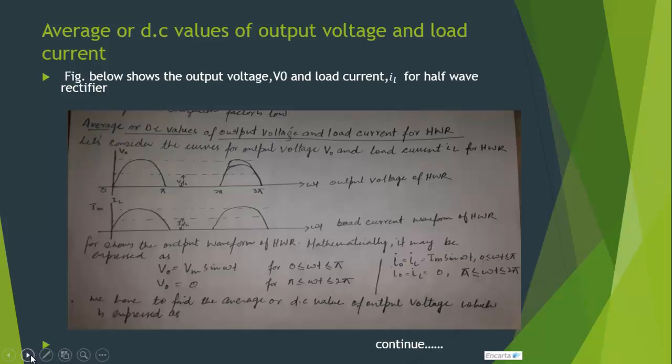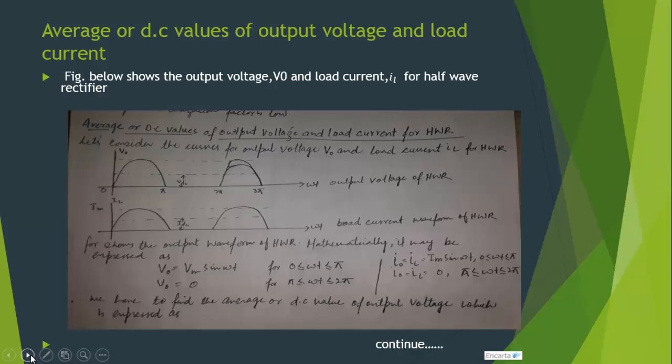So V naught is equal to Vm sin omega t for 0 less than or equal to omega t less than or equal to pi, and V naught is equal to 0 for pi less than or equal to omega t less than or equal to 2 pi. This is about the first figure, that is the output voltage.